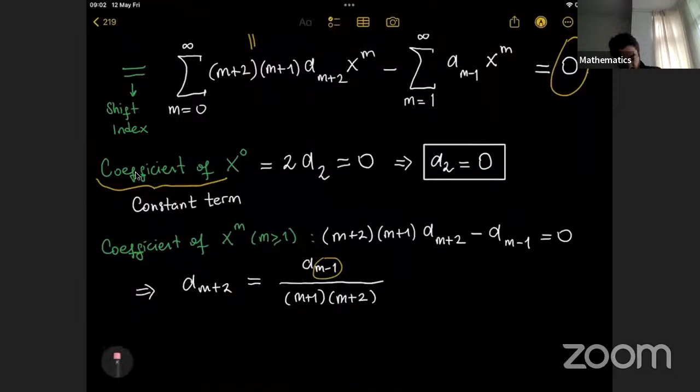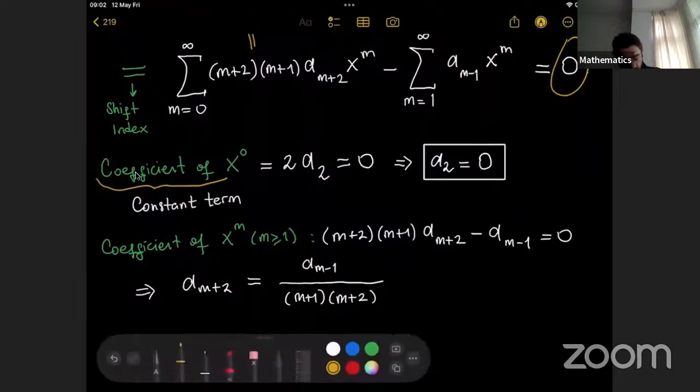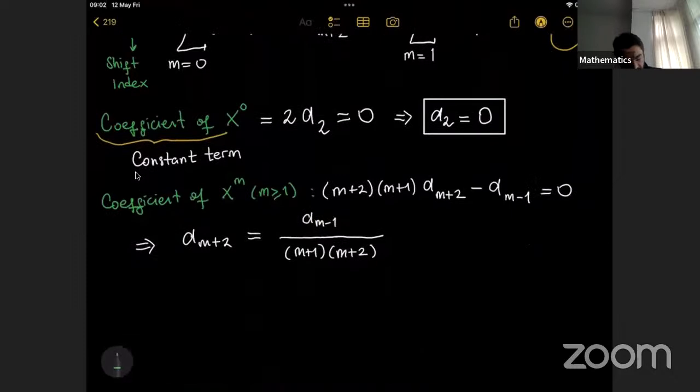So let's start with a2. a2 is equal to 0, but what is a5? By this relation, a5 is a2 over, in that case, m is equal to 3.